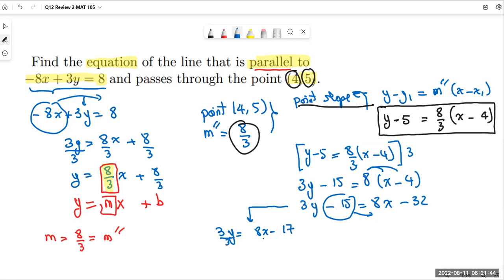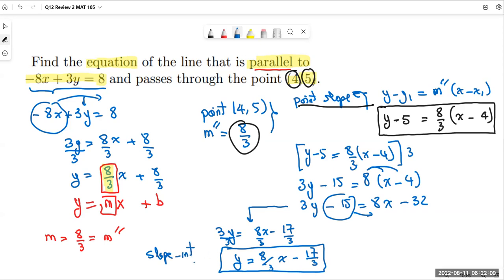Then divide by 3, and you end up with y equals 8 over 3 x minus 17 over 3. And this equation here will be the slope-intercept form. So that's one way to do it.